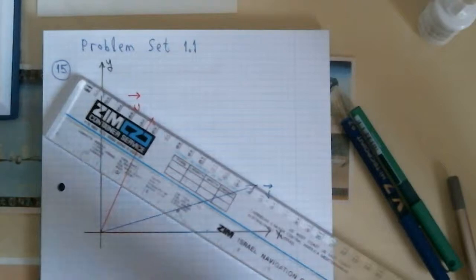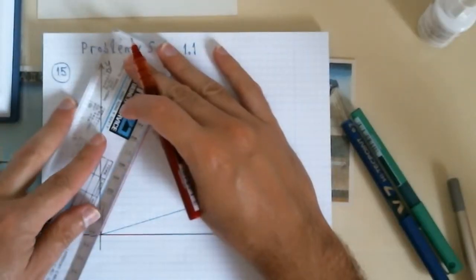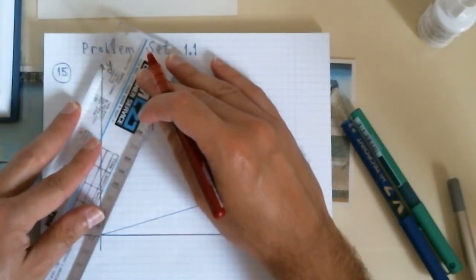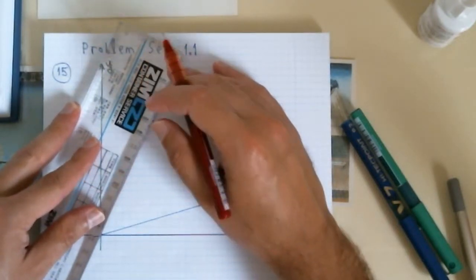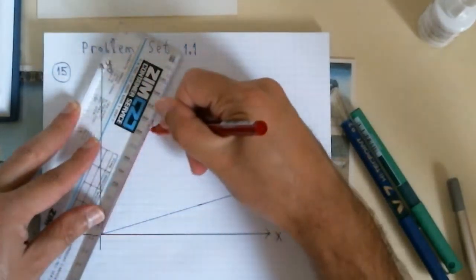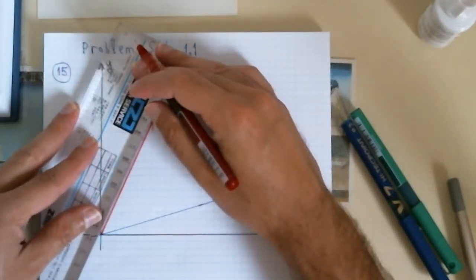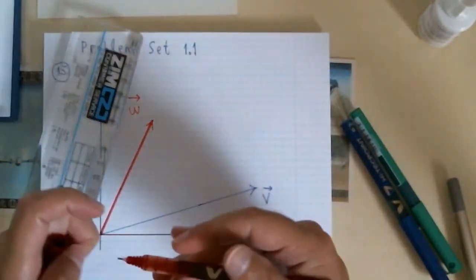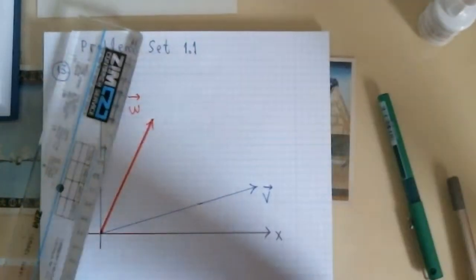Okay, I'll just go over the lines so that you will see more clearly that the colors are what I'm referring to. Just make it a little thicker. This is the red, and this is the blue.